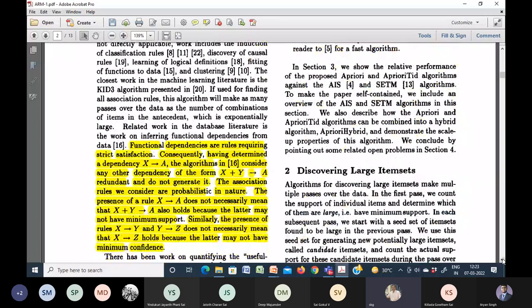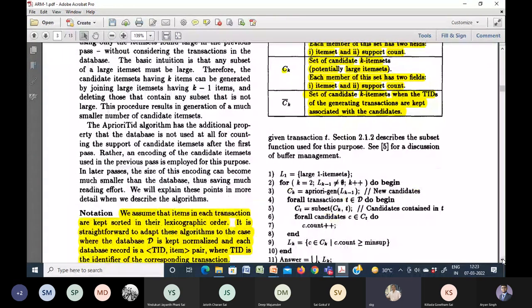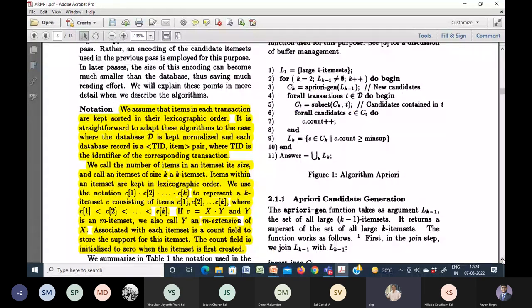While looking at the algorithm, we will first look at a particular example in this paper, and then we will fall back to this example in the algorithm, which you will find is not very difficult to understand, right?